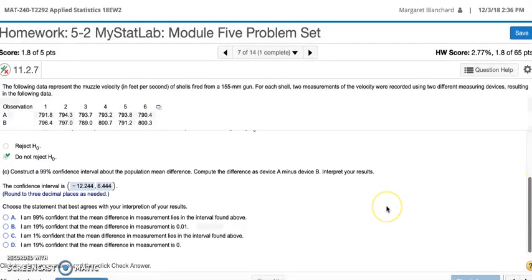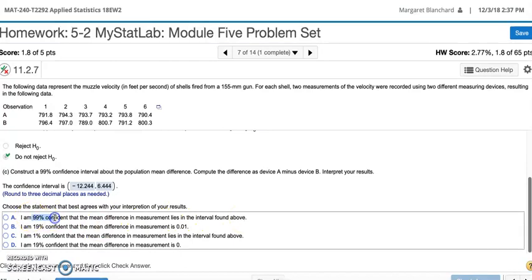So here it says, choose the statement that best agrees with your interpretation of your results. So first of all, this one kind of helps you. It says, I am 99% confident that the mean difference in measurement lies in the interval found above. This one kind of gives it away by the fact that it just talks about 99% confident.